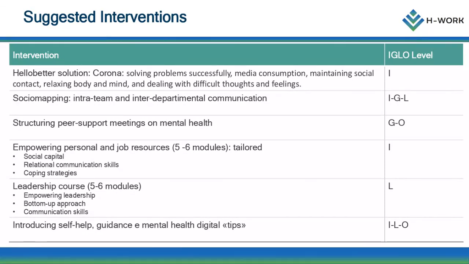This is tailored to the organization, so we don't necessarily have identified interventions about that. They will have to be developed. And the same with the leadership course that should focus on empowering leadership, bottom-up approaches to leadership, and improving communication skills. And then they also wanted to develop a toolkit to be made available to staff that introduces self-help tools and guidance on mental health digital tips, and that addresses the individual, the leader, and the organizational level of interventions.